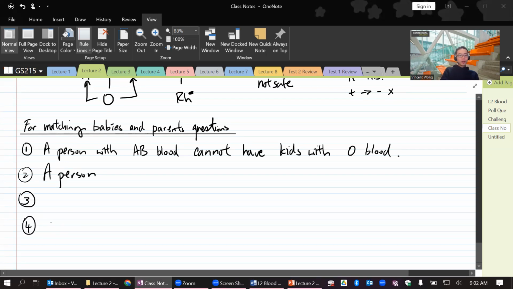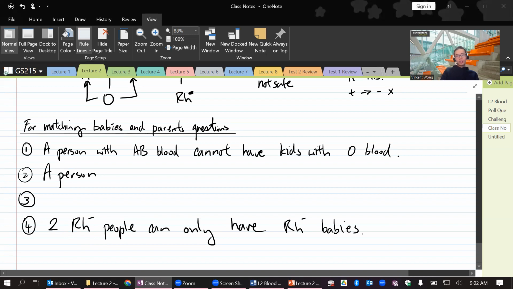So 2 Rh negative people can only have Rh negative babies. If the father is Rh negative and the mother is Rh negative, then the whole family is going to be Rh negative. All right.